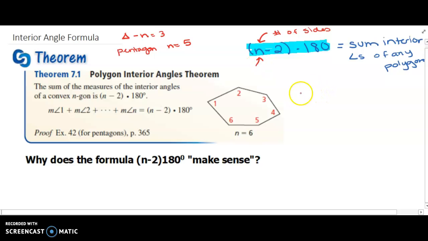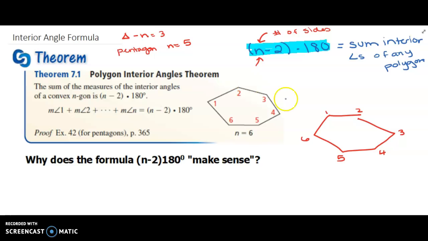Okay, this makes sense because let's count: 1, 2, 3, 4, 5, 6. So this is a hexagon. To find the measure of the interior angles of a hexagon, so when I say the sum of all the angles, it means this angle, plus this angle, plus this angle, plus this one, plus this one, plus this one.